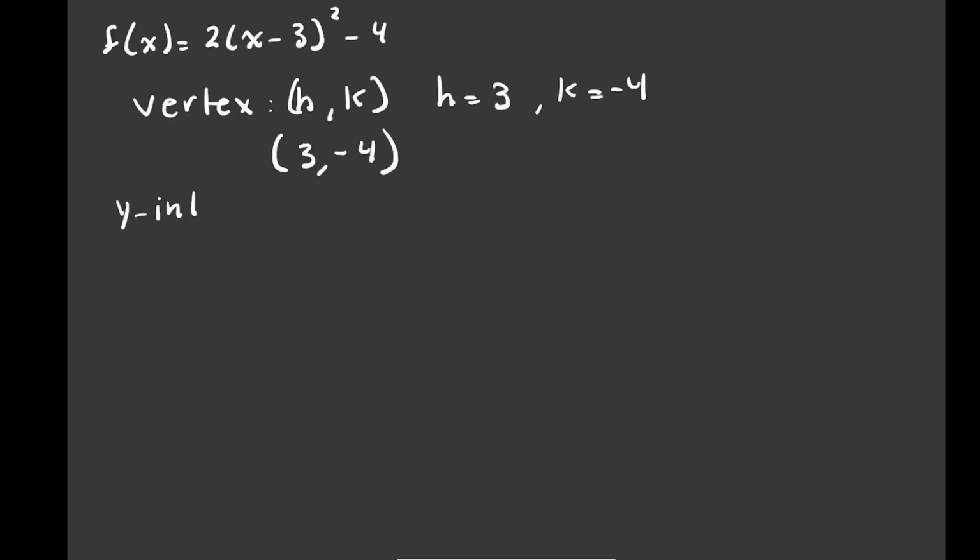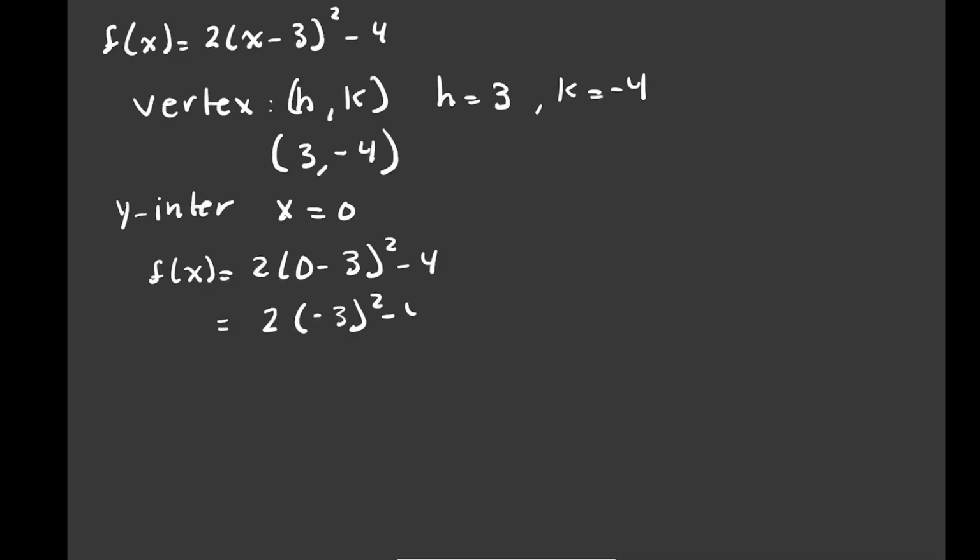So to find my y-intercept, I need to set x equal to 0. So f(x) is equal to 2(0 - 3)² - 4. Now here, using order of operations, I take care of whatever is inside the parentheses. So 0 minus 3 is negative 3, squared, minus 4.